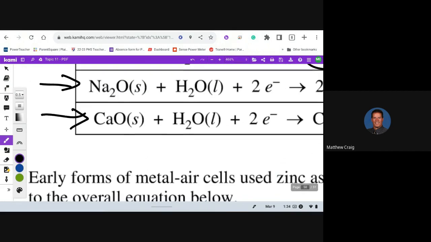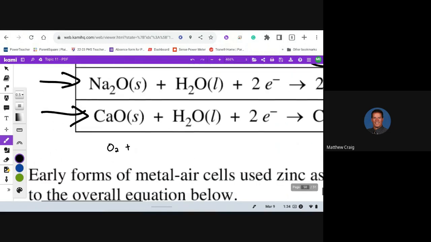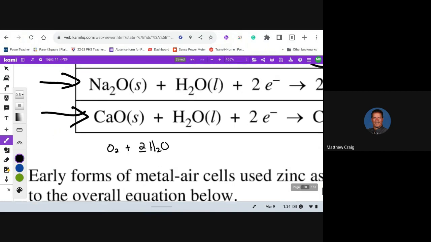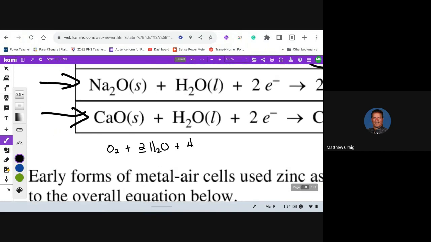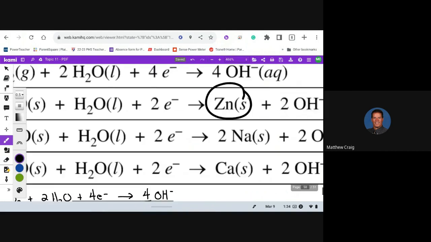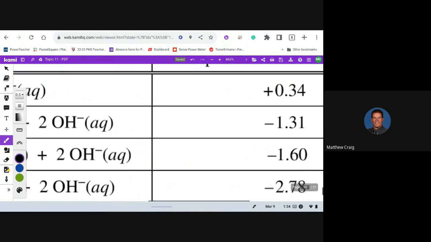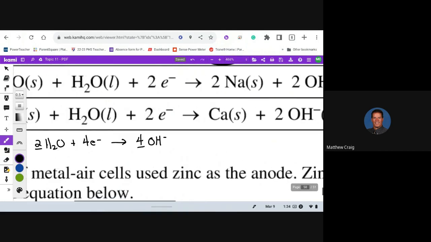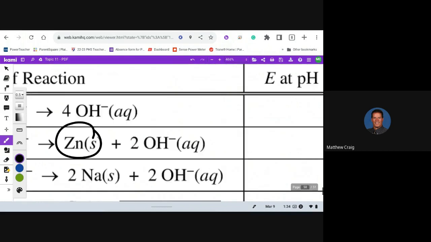So I've got oxygen plus 2 waters plus 4 electrons generates 4 OH minus, and it has a voltage of positive 0.34. Okay. Did I get the right one?